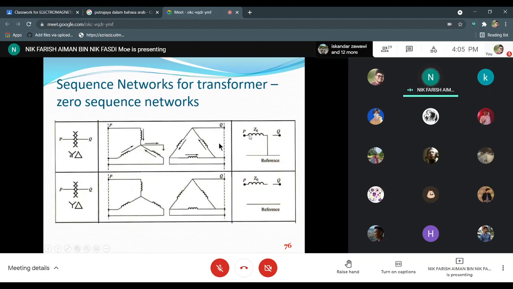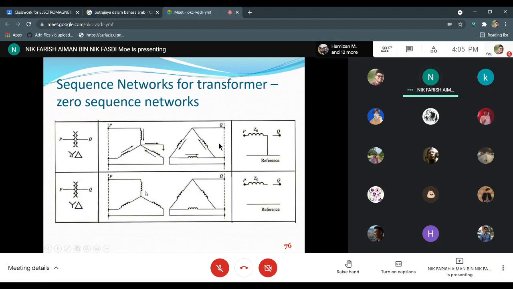So that's why dia ke sini. Tapi dia tak boleh nak cross, cannot cross the secondary because dia tak ada ground. So dia jadi macam ni lah. So the current IN go to the ground. However, it cannot go to the Q point. Kat sini tak ada, because dia tak ada ground.